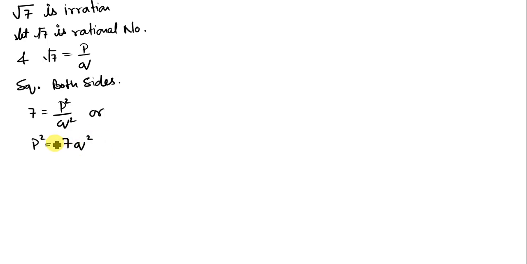If you want, you can do the rearrangement first and then do the square. It doesn't matter, it will be the same thing. So now what happens, p square over 7 is equal to q square. In this way, we can use the fundamental theorem of arithmetic.